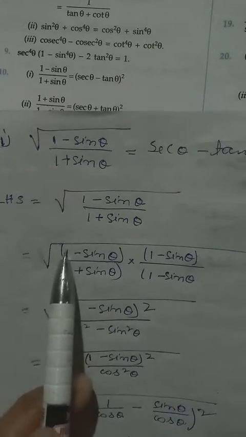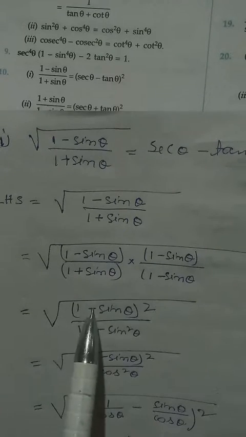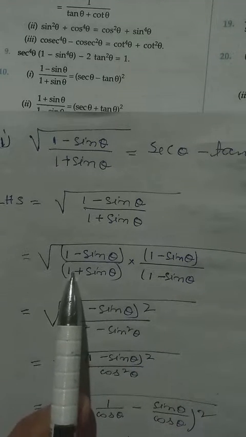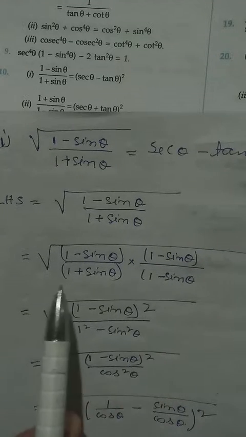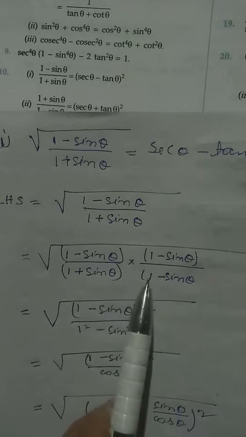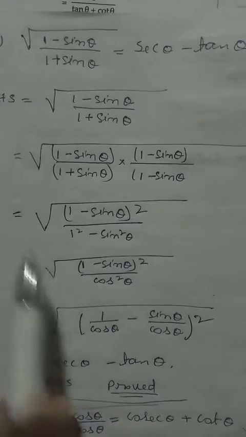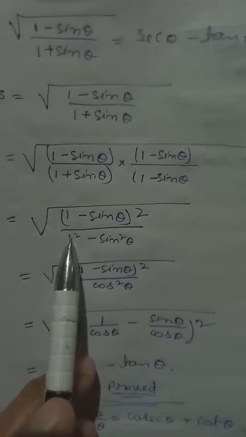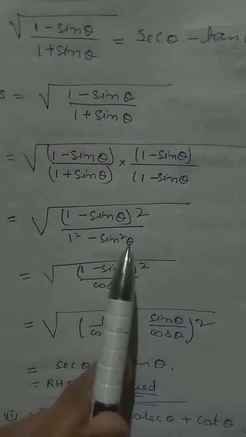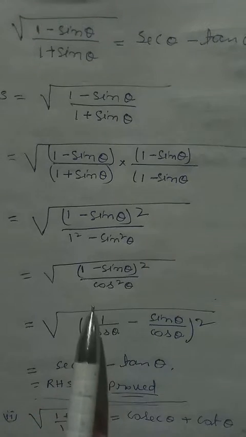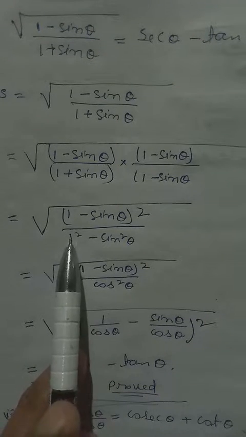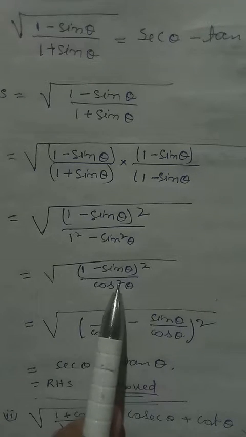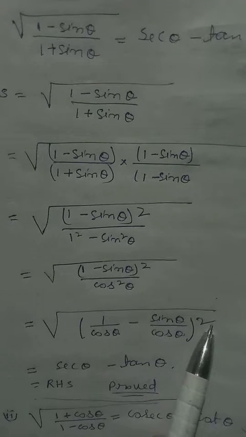Then now in the numerator we have the same quantity, same sign, so we can make them whole square. Down we have 1 plus, 1 minus. We can apply formula a plus b, a minus b, which is equal to a square minus b square. Then 1 into 1, 1, sine square into sine will be sine square. So we can use identity 1 minus sine square equal to cos square theta. Now square, square we can take common.